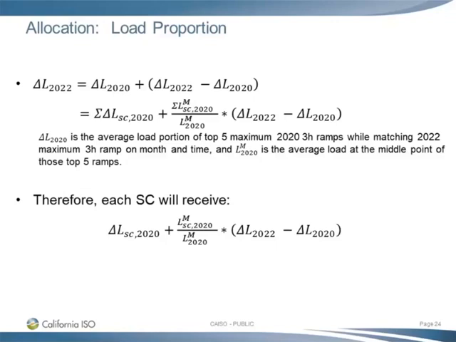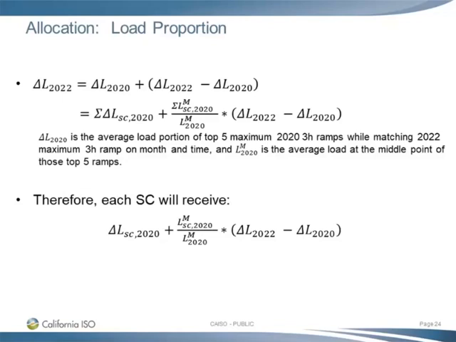So the total load part, the slicing of doing this allocation, has 2 parts. One is how much credit we assign to the LSEs, SCs for their load ramp management.